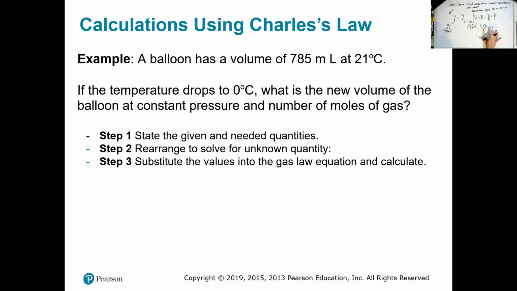Okay, and now I can plug my numbers in. Temperature 2 is going to be 273 Kelvin. That's why I like having everything labeled like this, so I don't accidentally switch my T1 and T2, for example. So my T2 is going to be my 273 Kelvin. My V1 value is going to be 785 milliliters. And then I'm going to divide it by T1, which is 294 Kelvin.